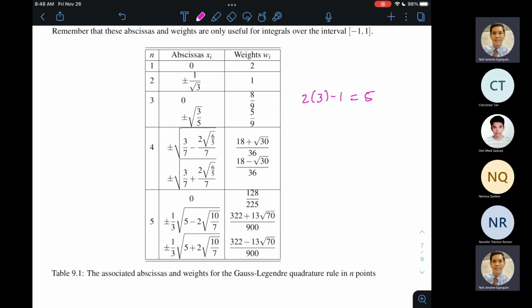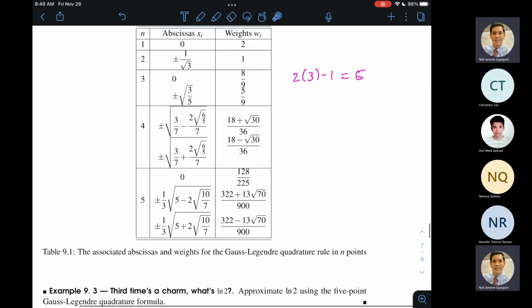So that will give us degree of precision 5. Okay? Yung mga abscissas na kailangan yung gamitin ay 0 at saka plus or minus root of 3/5. And then the weights associated to them are, kay 0, ang weight na gagamitin nyo ay 8/9. Kay plus or minus root of 3/5, ang gagamitin yung weights ay 5/9.